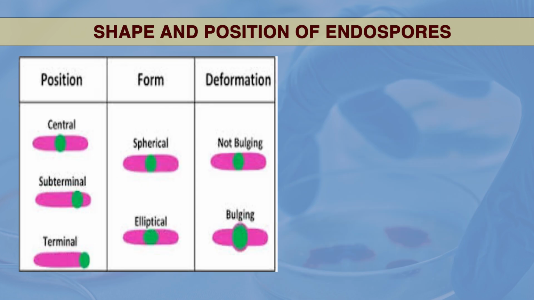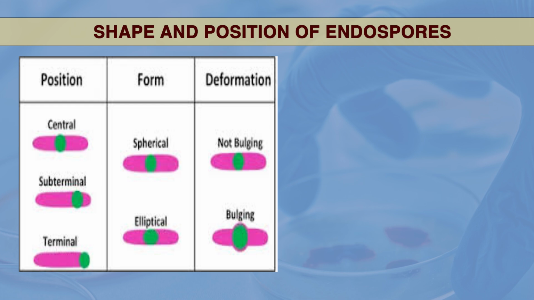Then the shape and position of the endospores. The shape is usually smooth walled and ovoid, but some are spherical and have ridges on the wall. Size: the diameter of the spore may be similar to, more bulging than, or less than the vegetative cell.